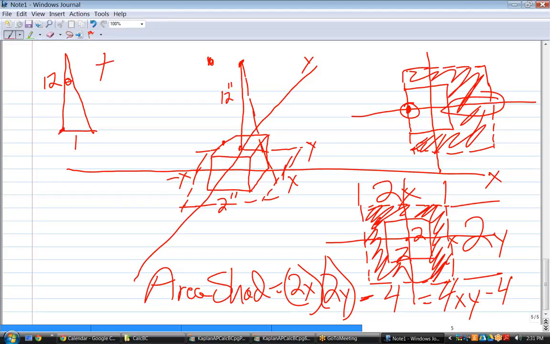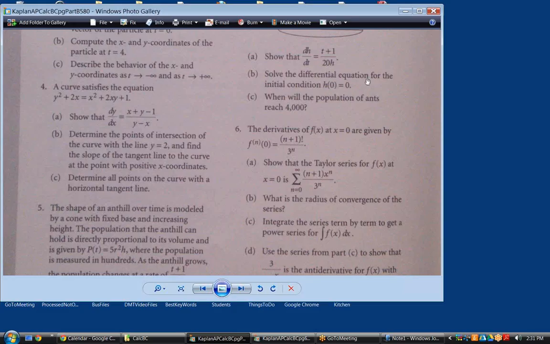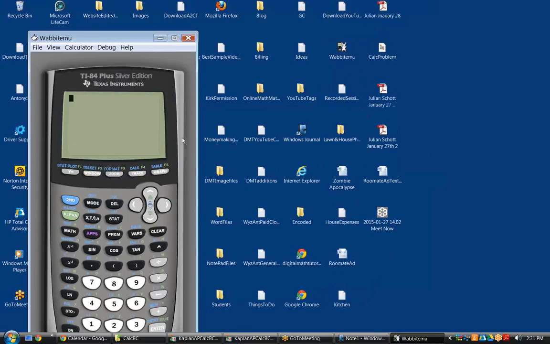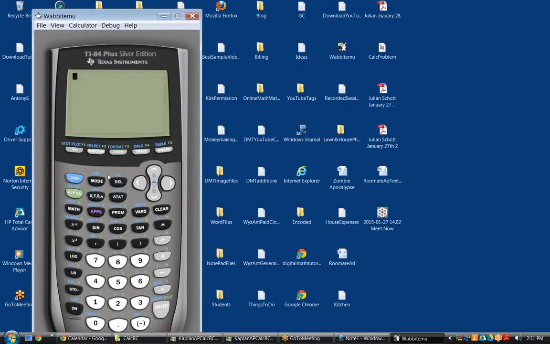So I can say the tangent of theta equals 1/12, which makes theta equal the inverse tangent. Let me make sure my mode is in degrees. It is.